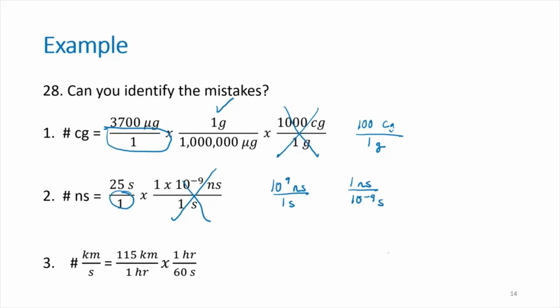And the last example, I want number of kilometers per second, and I'm starting with kilometers per hour. I've got 115 kilometers per 1 hour, okay? And I'm going to convert that to seconds. I've got times 1 hour divided by 60 seconds. Not correct. This is where students will mix this up. If you want to do a direct conversion like this, you have to make sure you've got the correct number of seconds there.